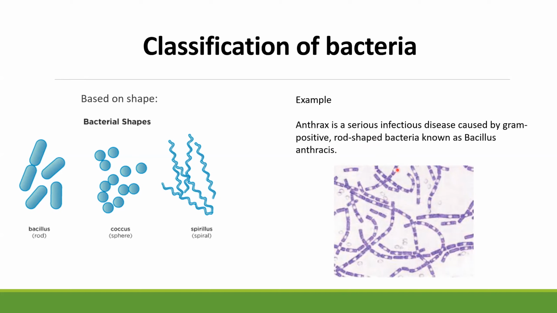You can also see from this image that these bacteria stain purple, and that's why we say gram-positive. I will talk about this in another slide more. And these rod-shaped bacteria are known as Bacillus anthracis. And many times the shape of the bacteria is used in the name. However, that is not always the case.